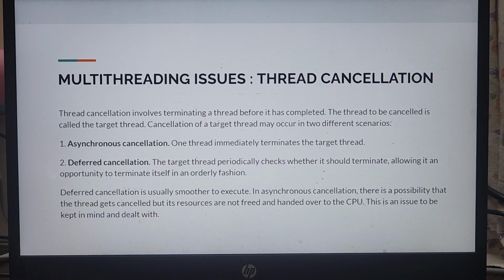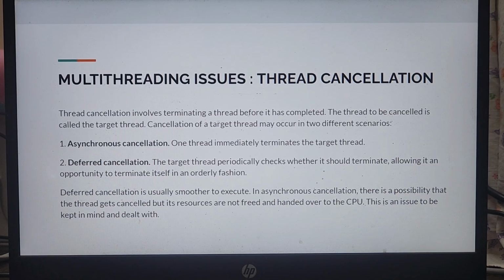So it becomes easy to cancel, to free up the resources, to hand everything over back to the CPU, to erase the process control block and all of that. All that context switching happens smoothly because you have a regular time gap of those few clock cycles.